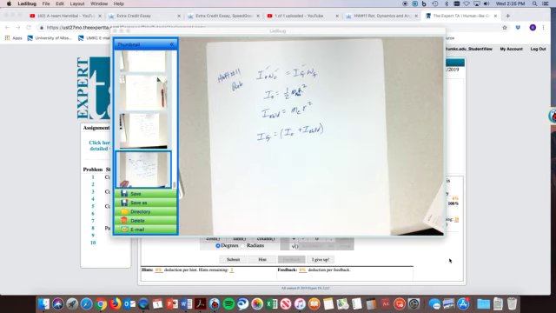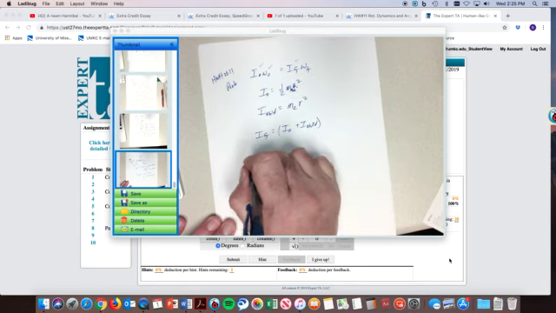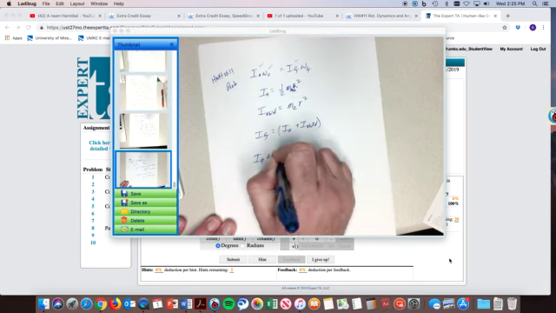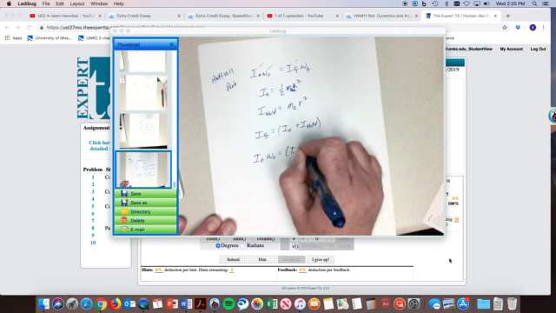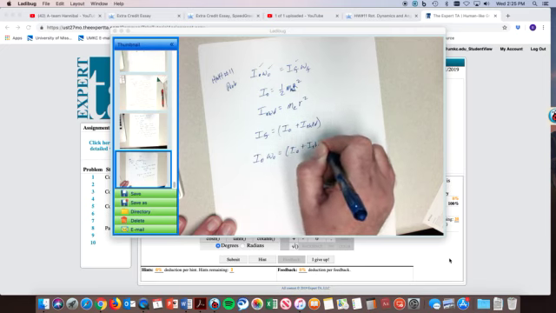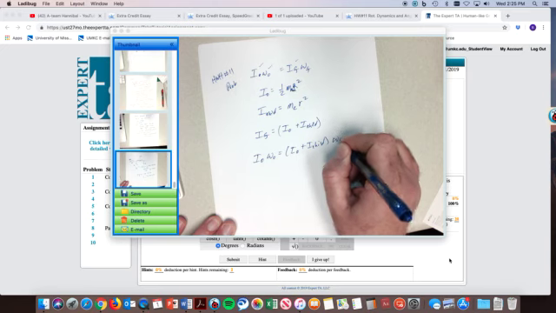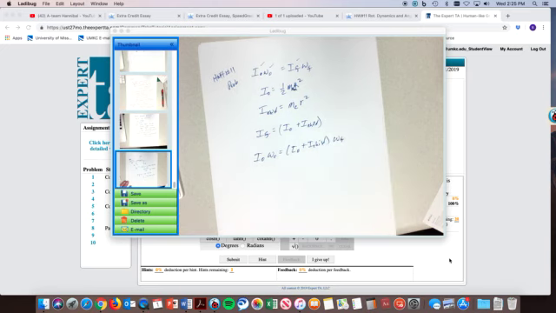And they wanted the answer in radians per second when we got done. So here's what we'll do. We'll say I naught times omega naught is equal to I naught plus I of the child, times omega final. We'll find omega. We'll go ahead and do this in revolutions per second, then we'll finish it, and then we'll convert to radians.